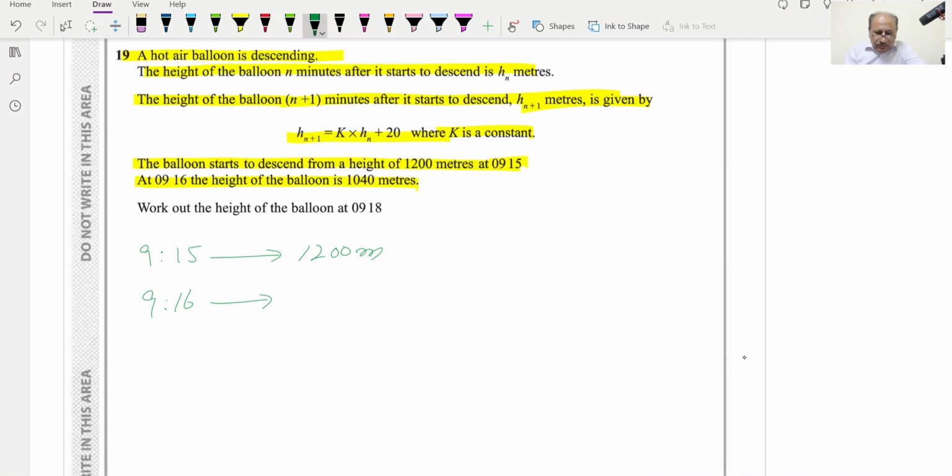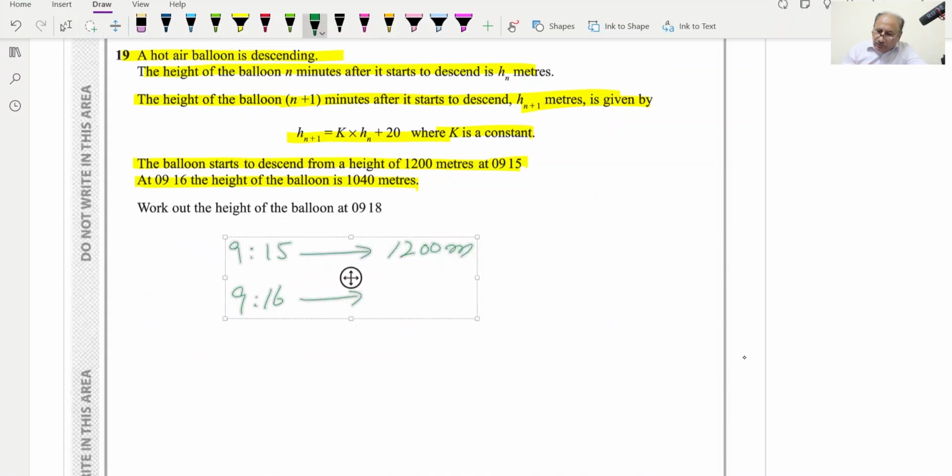So we can take n for, if I move just 1 second, I'll move over here so that we can get space to write on this side. So this is for n, and this will be for n plus 1, and this is equal to 1040, and this will be in meters.